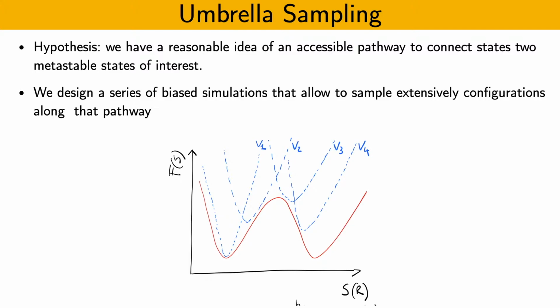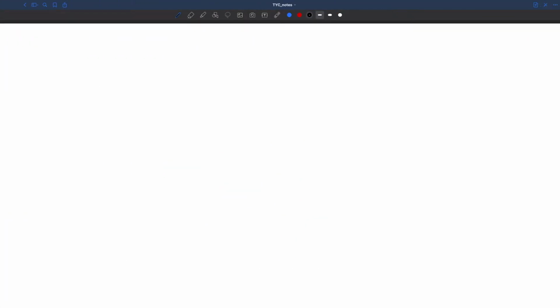And so if we go back to the notes, we can recall that basically the perturbation theory approach that we discussed last time allows us to define the unbiased probability density P0 of S as a function of the bias probability density. So the probability density that is sampled by our model in the presence of a bias.